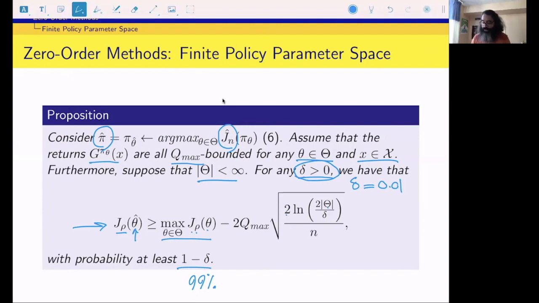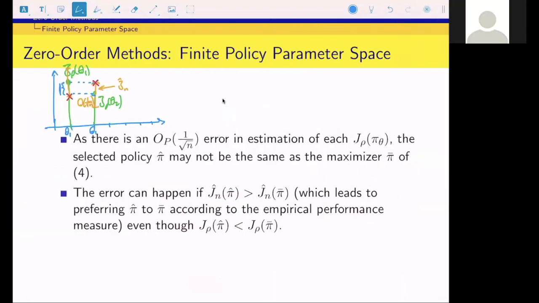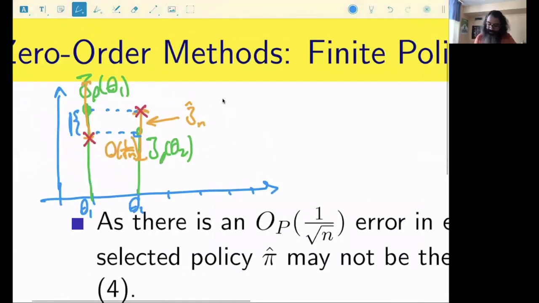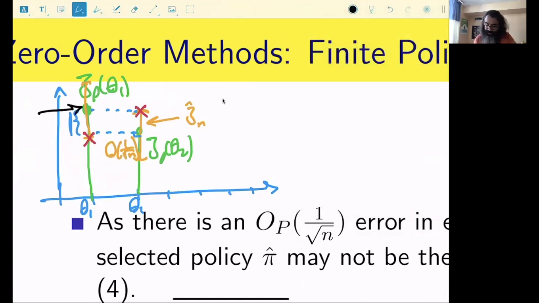So visually, this means that, essentially this is like what I have here. This is the optimal, for example, but I select this one.